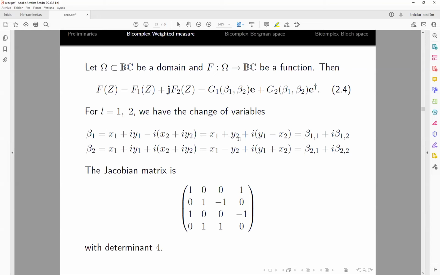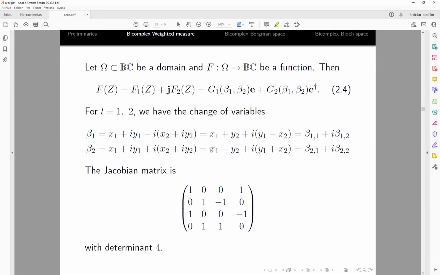And then we consider only the real part and the imaginary part. This is the real part of beta 1, and this is the imaginary part of beta 1. And now beta 2. This is C1 plus i C2.